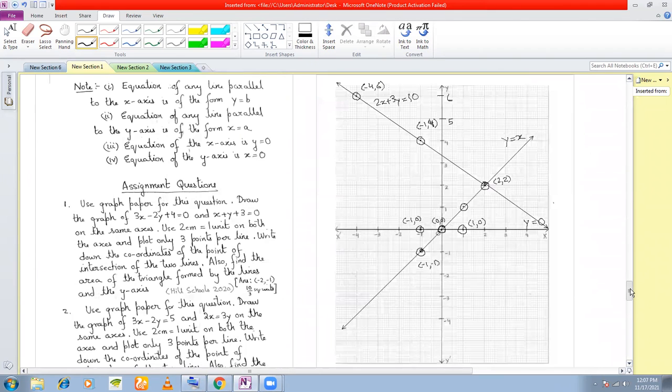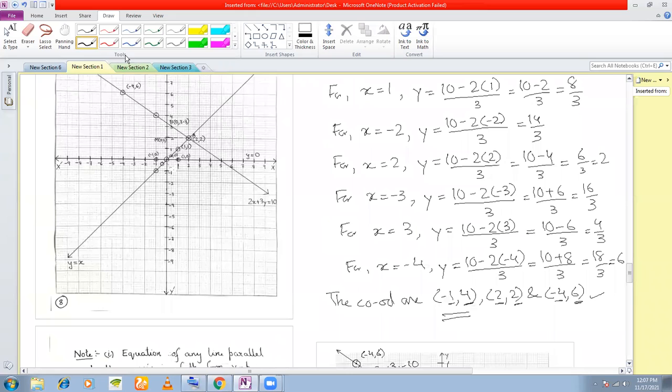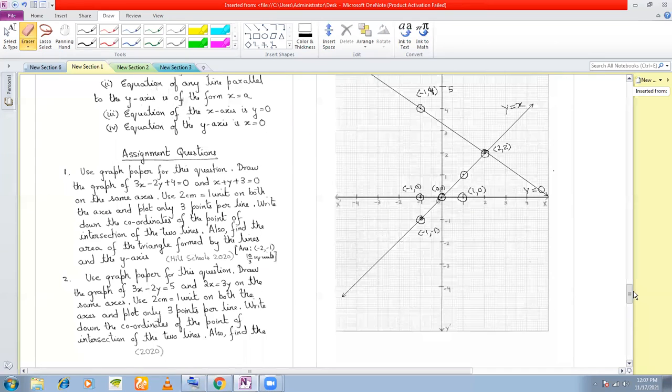That means the triangle that is formed by the 3 straight lines. If you look at this graph here, this is the triangle that is formed by the 3 straight lines. All of you agree? Yes, sir.